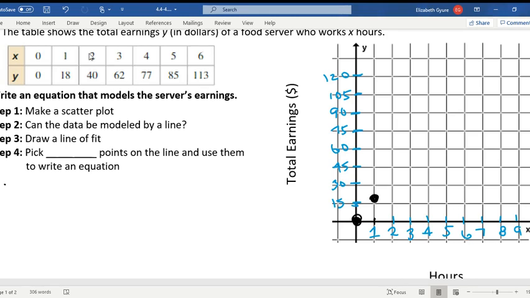Okay, then 2 and 40. So go over 2, and then there's a line there. I could either do 30 or 45. Do you think I should be closer to 30 or 45? Yeah, so I'm just going to go a little bit under the 45. All right, then at 3, it's 62. So 3, 62.